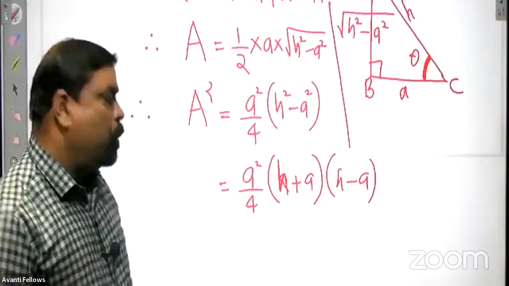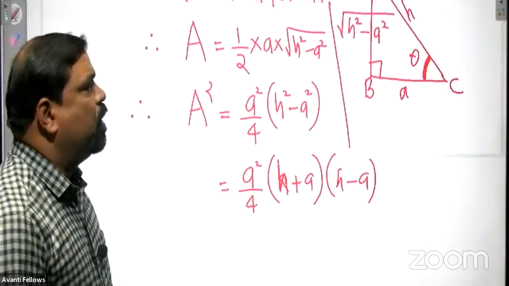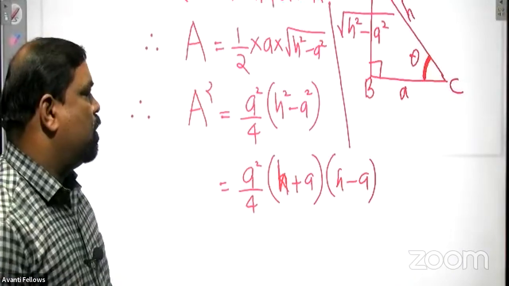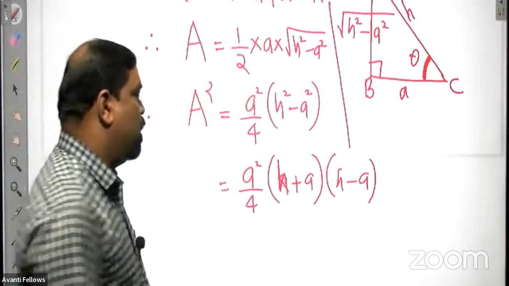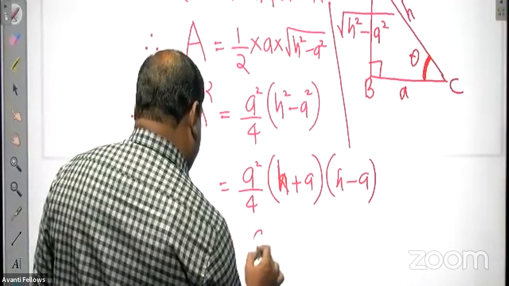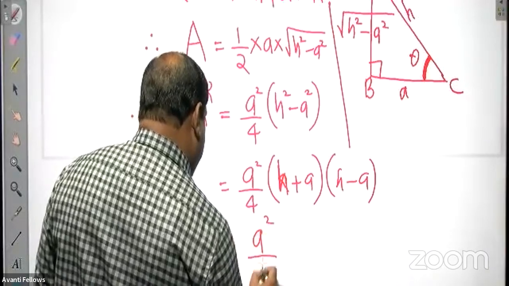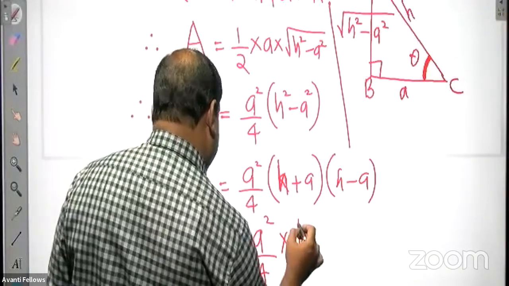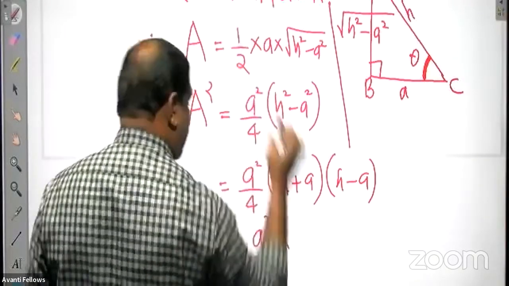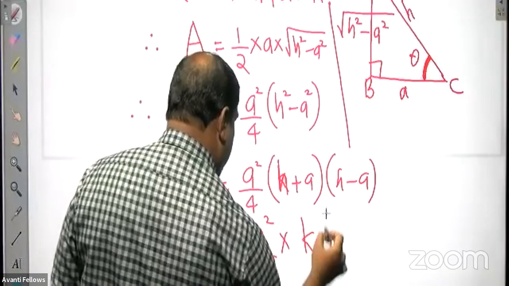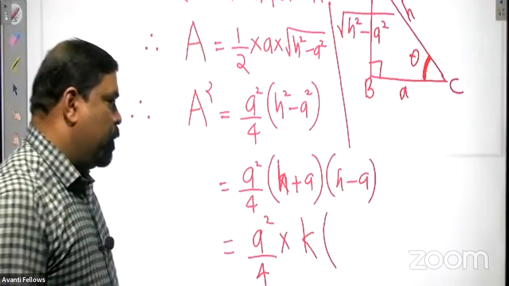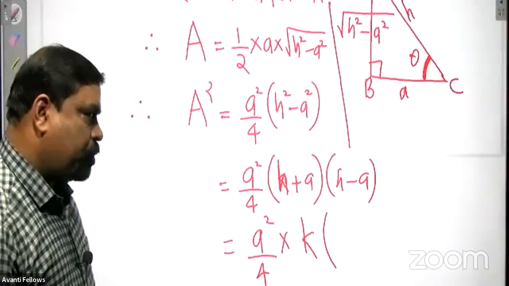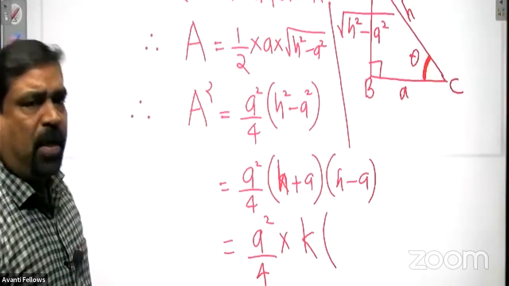So H plus A into H minus A. Now we know H plus A is K, a constant. So directly we can substitute H plus A equal to K into H minus A. H minus A we have to replace.